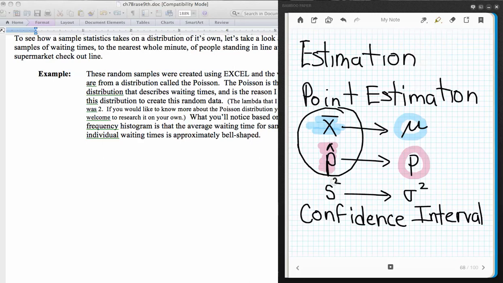And we're going to be talking about our sample variances to get us at our population variance, sigma squared. So those are the estimations that we'll be talking about. We start out with points, and then we're going to learn about confidence intervals. So you've got confidence intervals to look forward to in the next chapter.